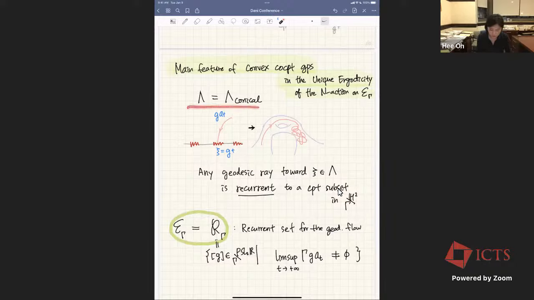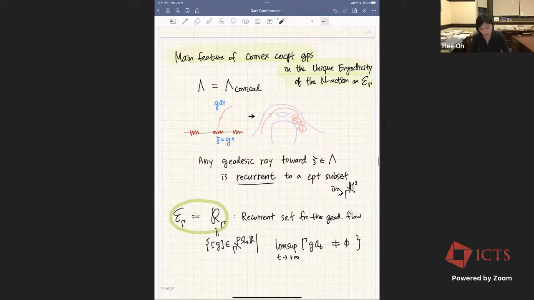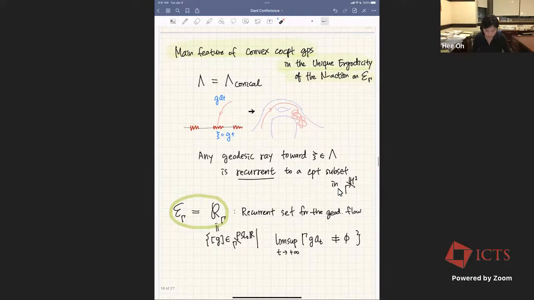So indeed, lambda is equal to the conical limit points. This is the equivalent definition of gamma being convex cocompact. So this is the main feature of a convex cocompact group, which is relevant to this unique ergodicity question.